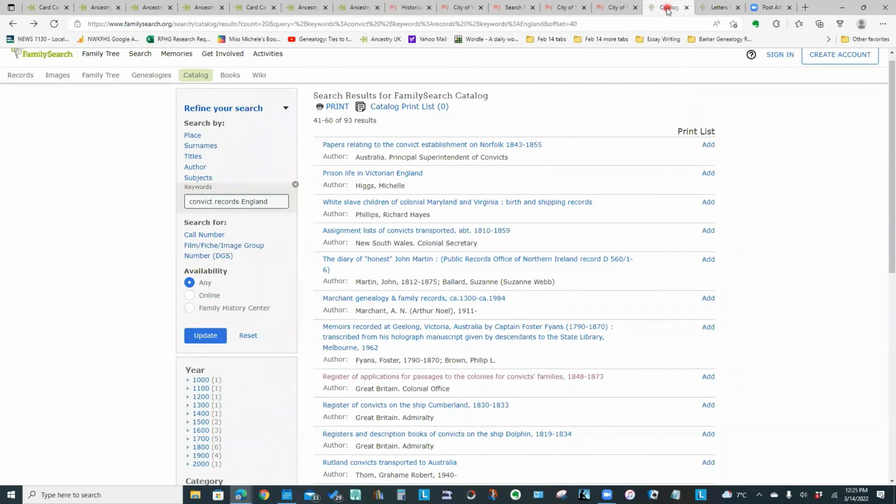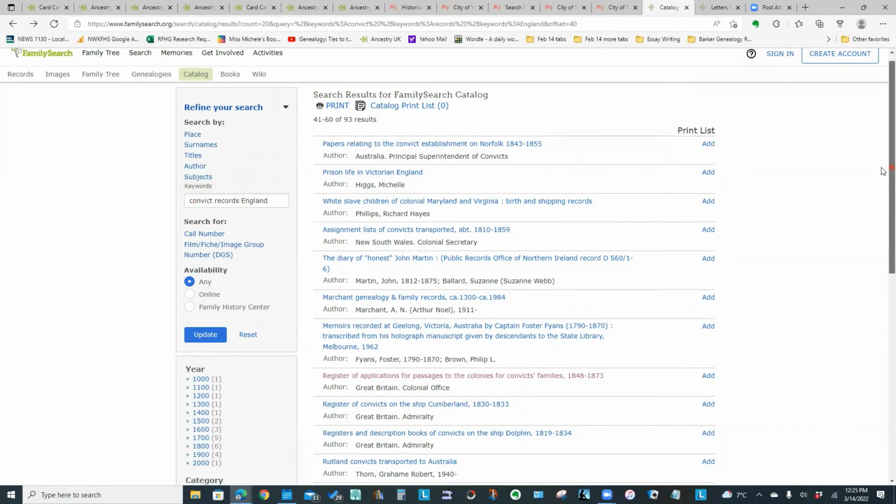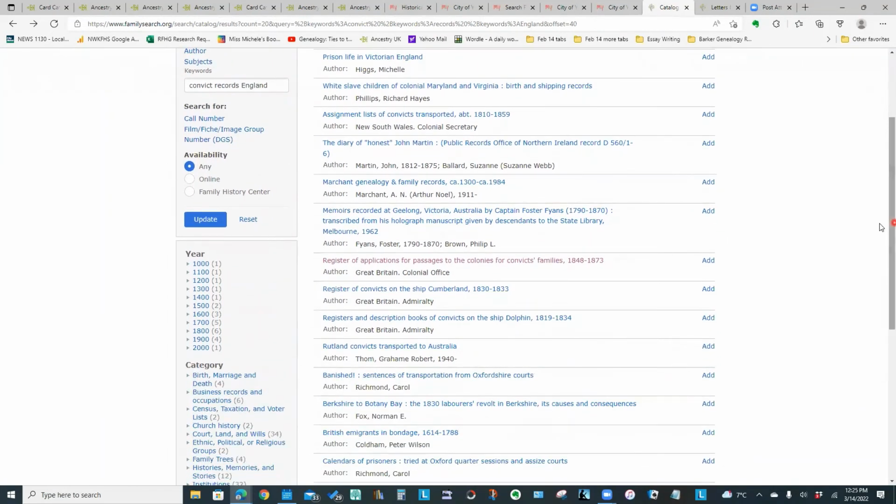So let's now take a look at what Family Search has to offer. Again, I did search, catalog, came to this screen and typed convict records, England. So you could also try prison. The resource that I'm going to show you today that I found interesting is this one here, Register of Applications for Passages to the Colonies for Convicts Families.